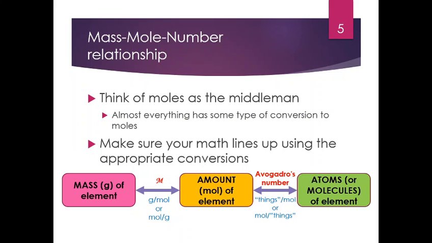There's also a conversion between moles and things. And so atoms, molecules, particles, protons, electrons, it doesn't matter. If you know Avogadro's number, you know there's 6.022 times 10 to the 23 things per mole, or 1 mole contains 6.022 times 10 to the 23 things. Either way, the relationship is always going to be the same because it's always going to be Avogadro's number.